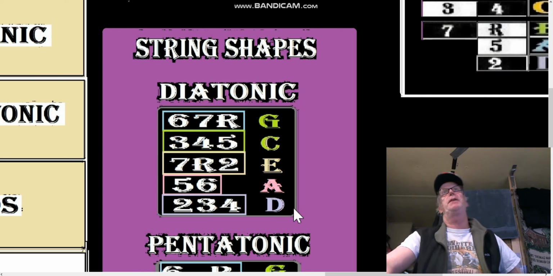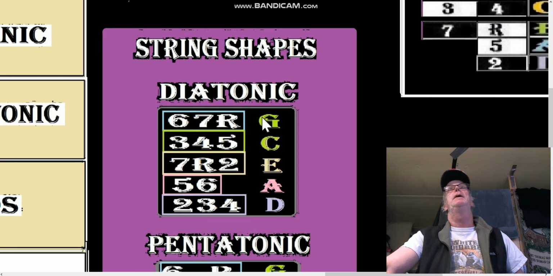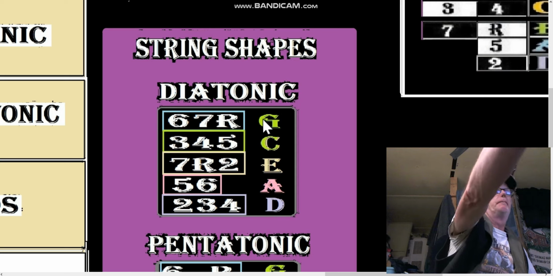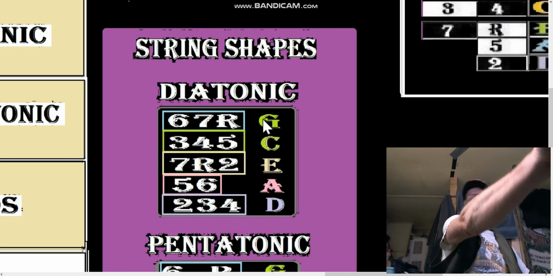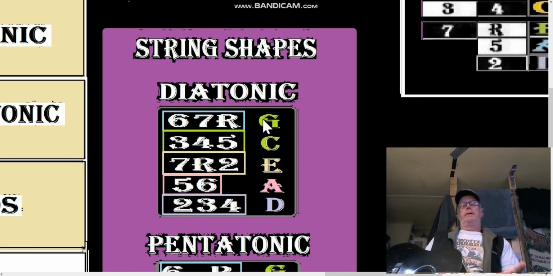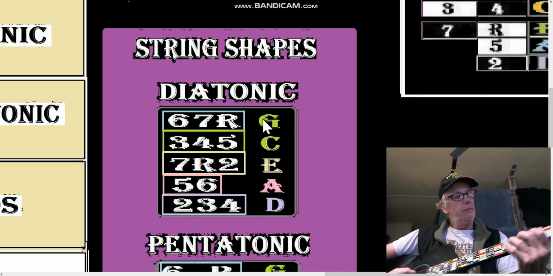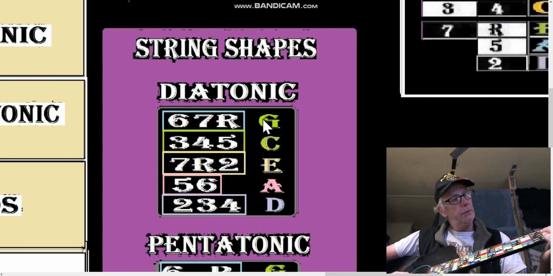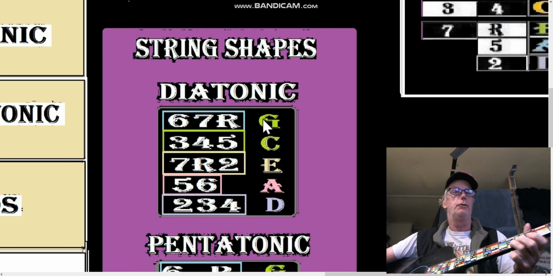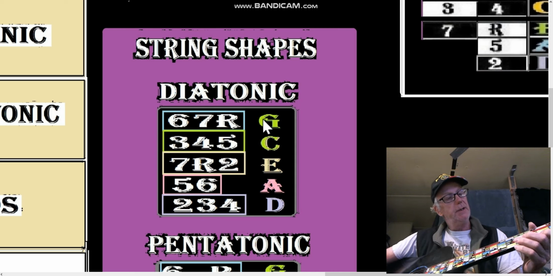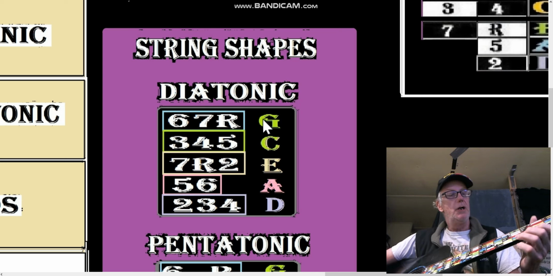And then on top of that, G would be a D shape, because the 5th of G is what? D. So we have 2, 3, 4, 5, 6, 7, root, 2, 3, 4, 5, 6, 7, root. And then A on top, D on top again. 2, 3, 4. Remember, we want 6, 7, root, 2, 3, 4.